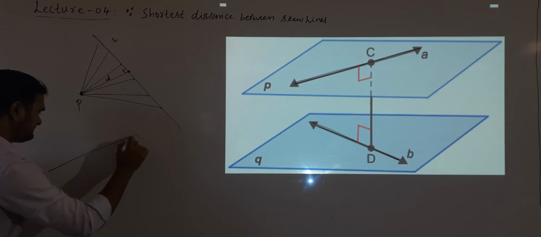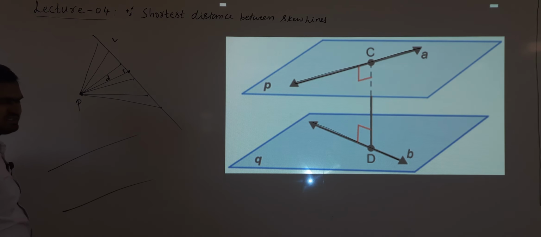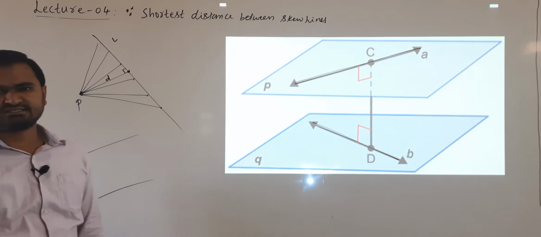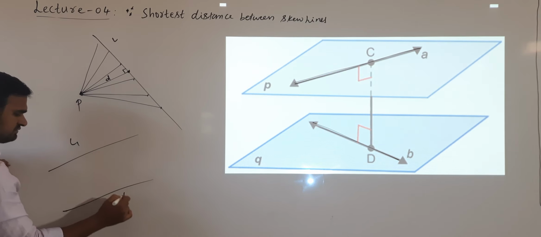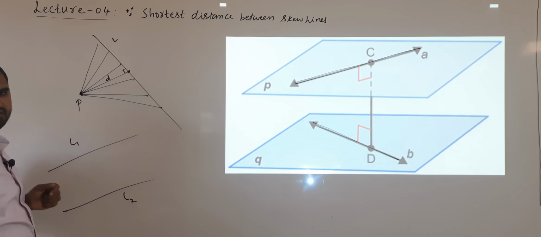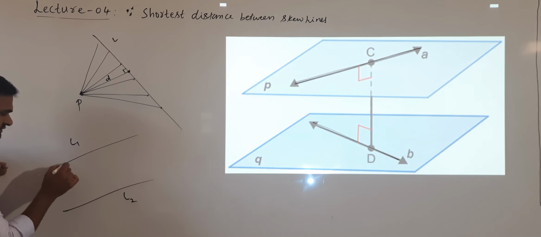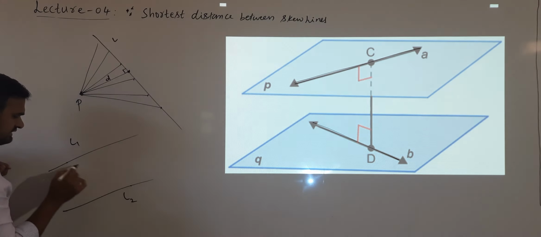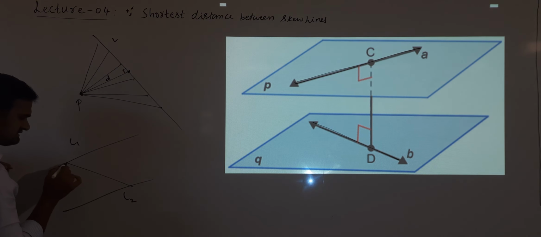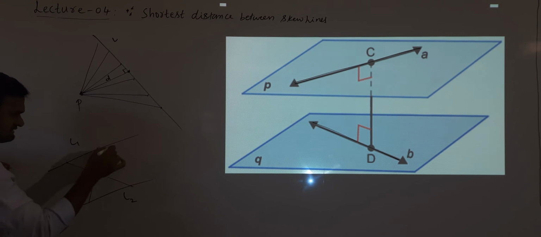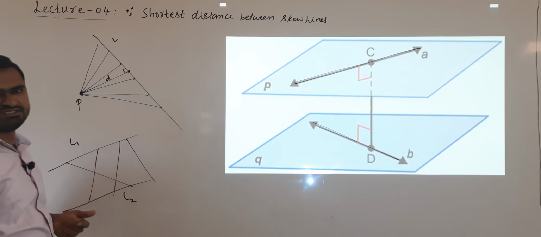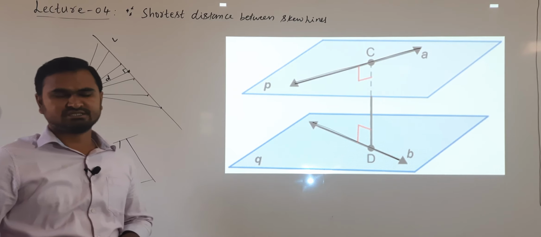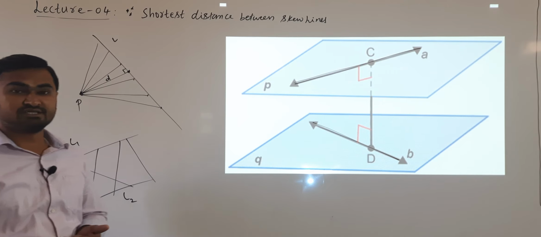If there are two lines, we studied about distance between parallel lines in first year. If there are two lines L1 and L2, what will be the distance between these two lines? Again, you take any one point here and any one point here, we can measure the distance. This is one distance, this is another distance, like this. Many distances will exist, but out of all these distances, which distance are we interested in here?